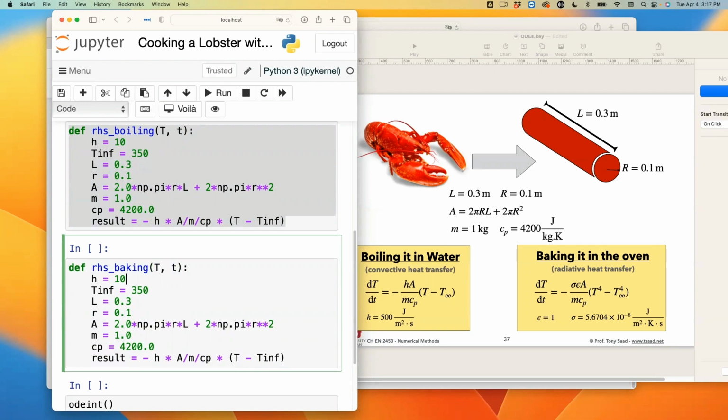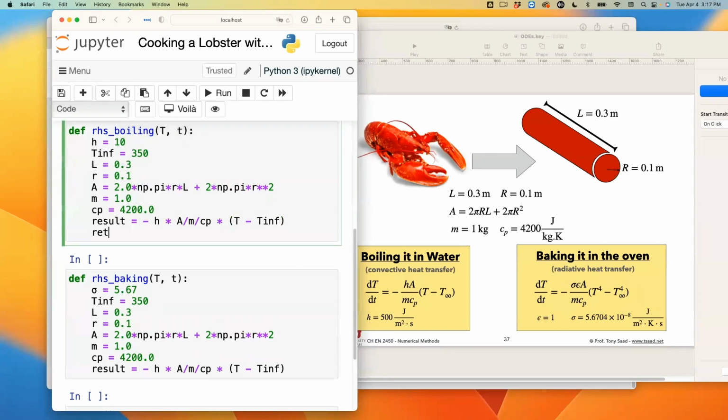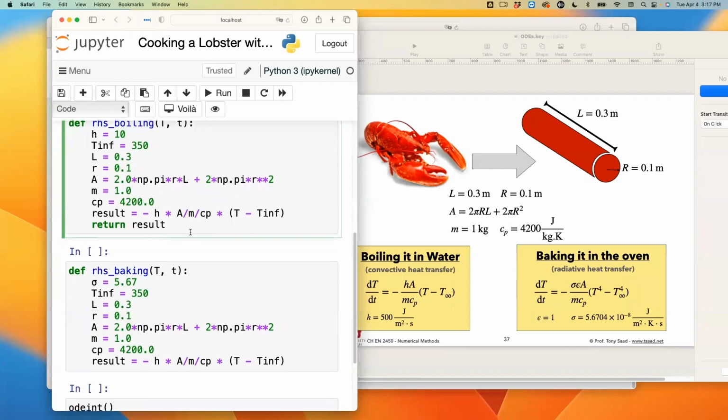Now, in this case, for baking it in the oven, there's no h, no heat transfer coefficient. However, there is sigma, which is 5.67. Professor Saad, don't we need to return? Yes, thank you. We have to return result. Thank you very much. So return result over here.